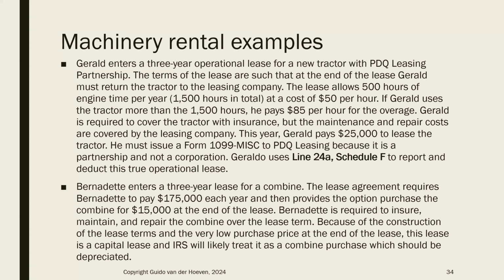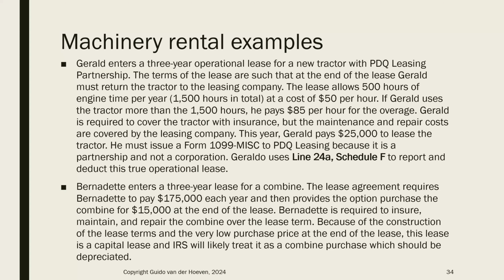And because of the construction of the lease and a very low price at the end of the lease, this lease is a capital lease, even though that's not what they might say. It's going to be treated as a combine purchase, and it should be depreciated over 5 years, not 3. It was brand new. And so I've had to deal with this a time or two.